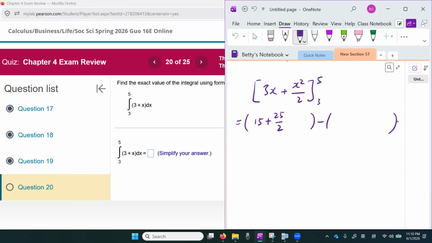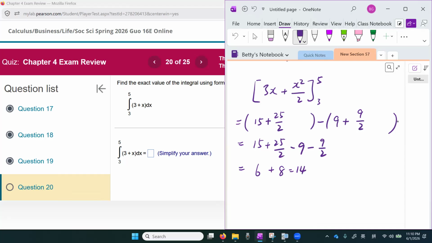And then plug in 3. 3 times 3 is 9. 3 squared is 9 over 2, right? Okay. And 15 plus 25 over 2 minus 9 over 2. Be careful with the sign. 15 minus 9 is 6. And 25 minus 9 is 16. 16 over 2 is 8, so this gives 14.